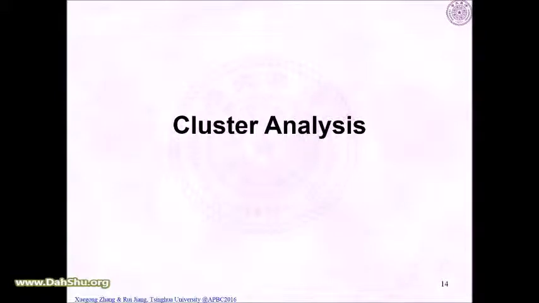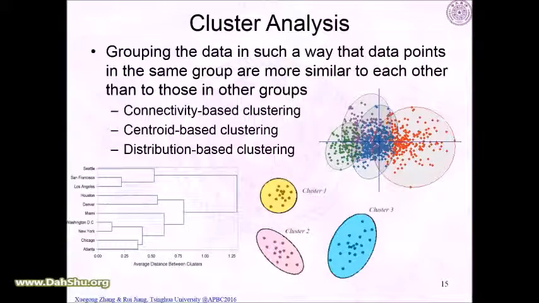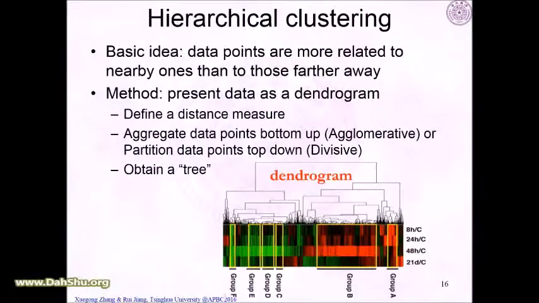Another task of unsupervised learning is cluster analysis, or clustering, in which we find groups of samples that are intrinsic to the data. There are connectivity-based clustering, centroid-based clustering, and distribution-based clustering. I guess most of us are very familiar with this task.